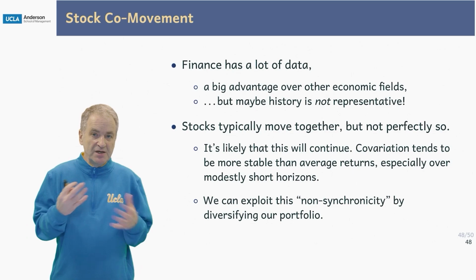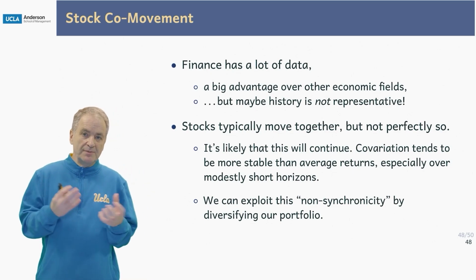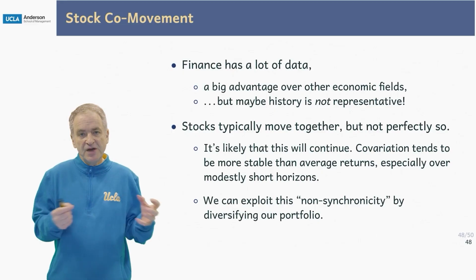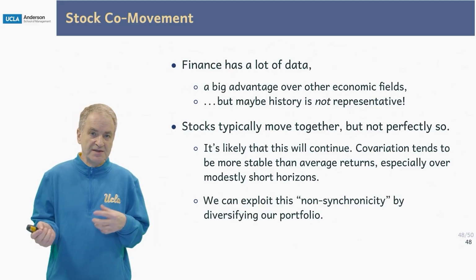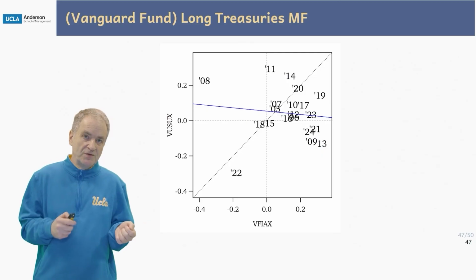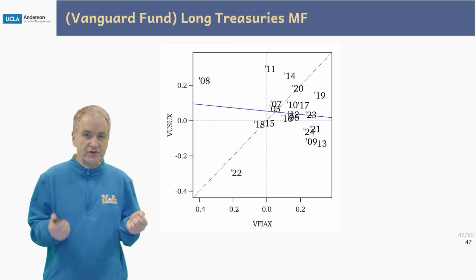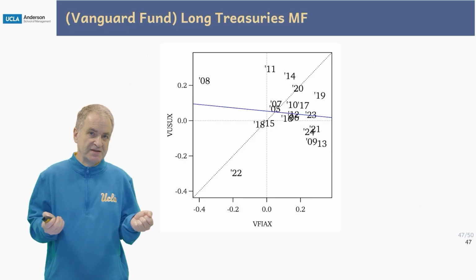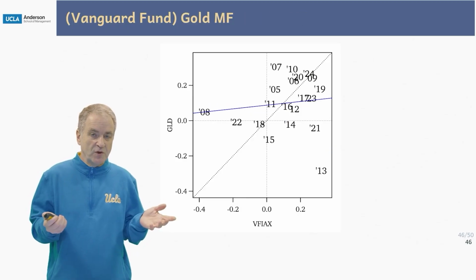So it gives me a good idea about where I'm going to have non-synchronicity, where something is very exposed to market risk and something is not exposed to market risk. So I'm pretty confident that long-term treasuries are not very sensitive to movements in the stock market. Same thing for gold.